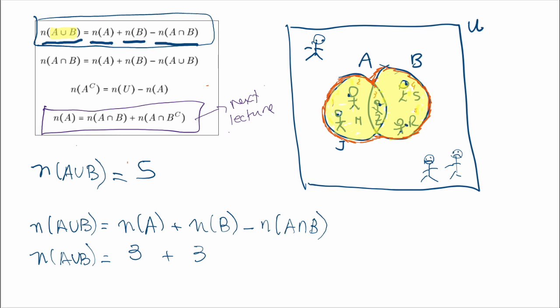Okay? What is happening? Well, think about this. Zach is part of the number of people in A, right? So Zach is one of these 3. And Zach is also being considered here as one of the 3 people in B. So you know what? I'm counting Zach 2 times.